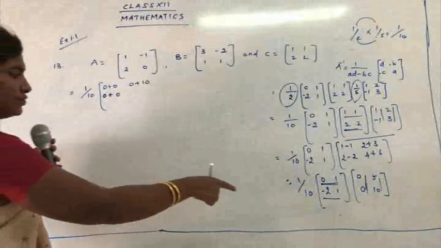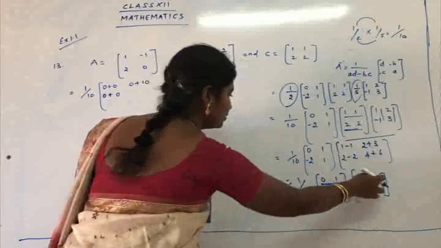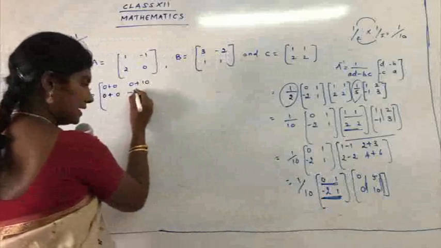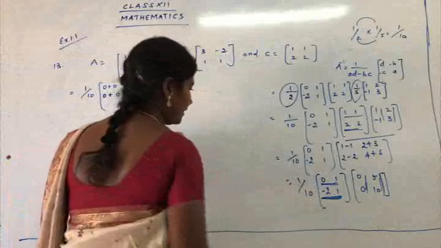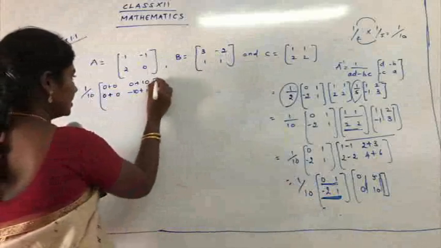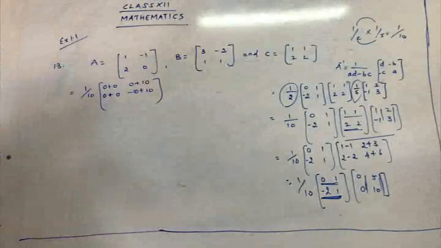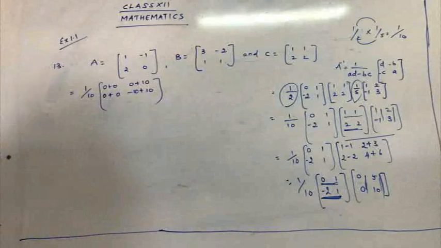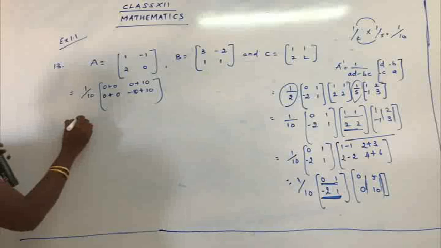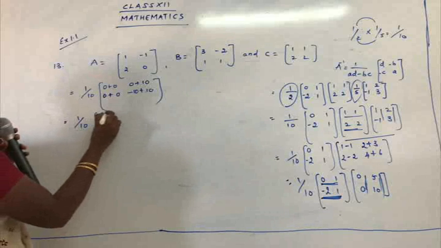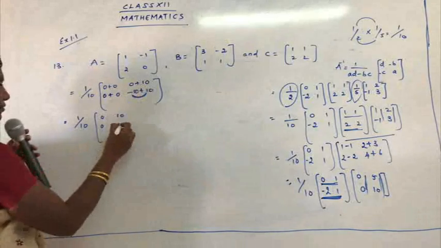Next, second row and second column: minus 2 into 5 is minus 10, plus 1 into 10 gives you 10. So we have got 0 plus 0, 0 plus 10, 0 plus 0, minus 10 plus 10. So this is equal to 1 by 10, 0, 10, 0, 0.